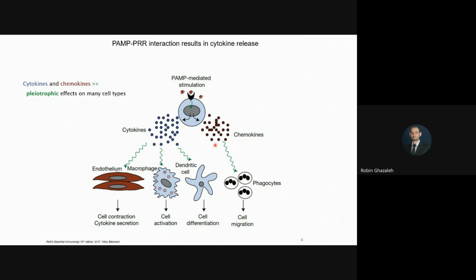Now, I call these cytokines, but as you can see here, these are called chemokines. Chemokines are simply a subset of cytokines whose function is known to be predominantly the migration of other cells in response to that signal. Then they're called chemokines. So a chemokine is just a type of cytokine. We also get cell differentiation. Remember that dendritic cells have two forms.